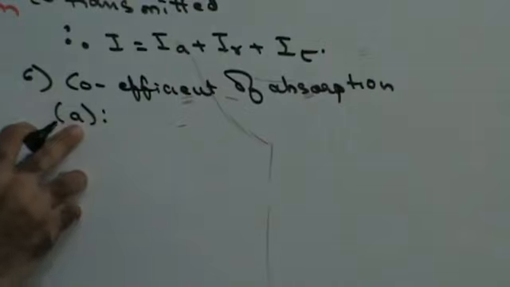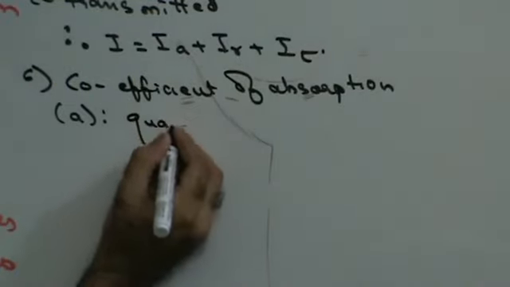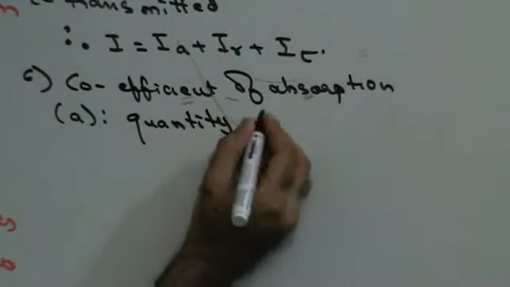How do I define coefficient of absorption? It is represented as small letter a.